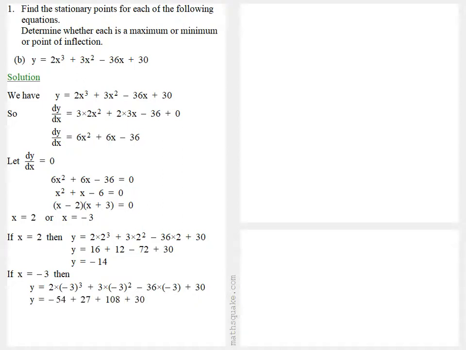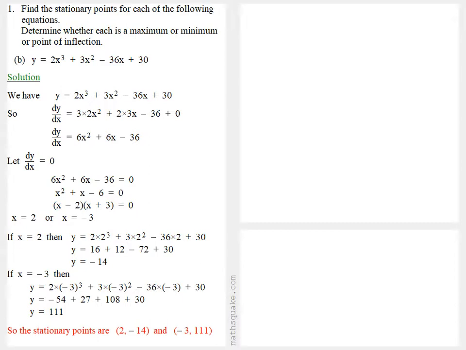So y is equal to minus 54 plus 27 plus 108 plus 30, so y is equal to 111. So we have two stationary points, one at (2, minus 14), and the other at (minus 3, 111).